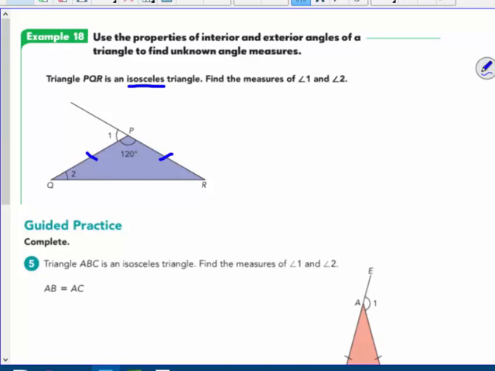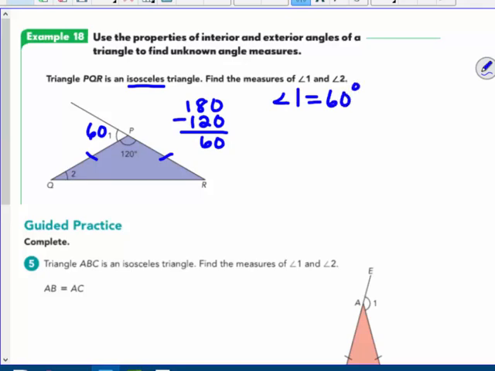Well, I know that this exterior angle 1 and this 120 are supplements. So 180 minus that 120, that exterior angle 1 has to be 60 degrees. So angle 1 equals 60 degrees.